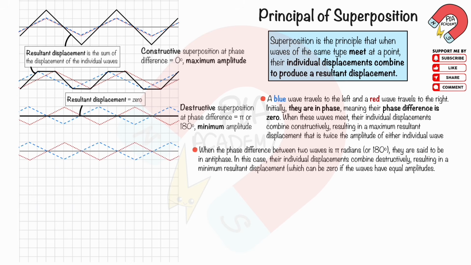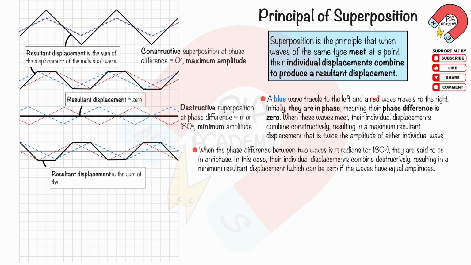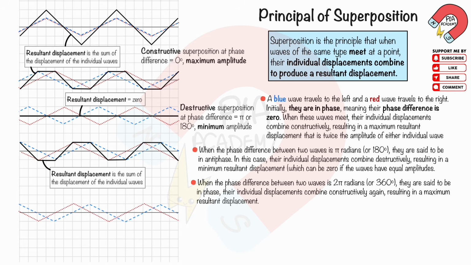When a blue wave travels one division to the left and a red wave travels one division to the right, their individual displacements combine to create the resultant displacement, as shown. When they travel one more division, the phase difference between the two waves is 2 pi radians, or 360 degrees, and they are said to be in phase.